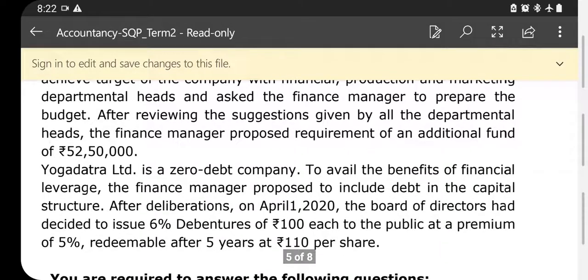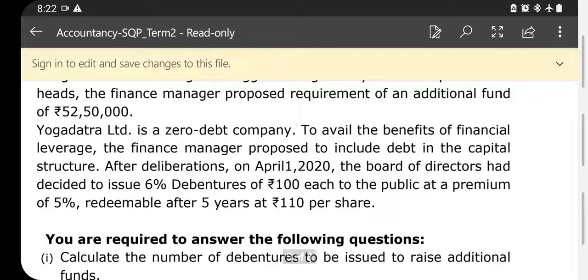After reviewing the suggestions given by all the departmental heads, the finance manager proposed requirement of an additional fund of 52,50,000 rupees. Yogadatra Limited is a zero debt company.